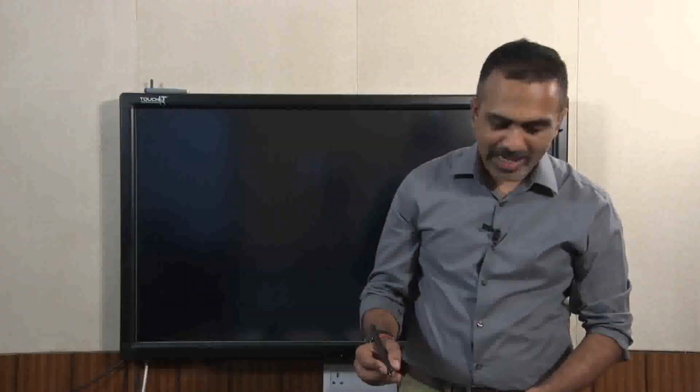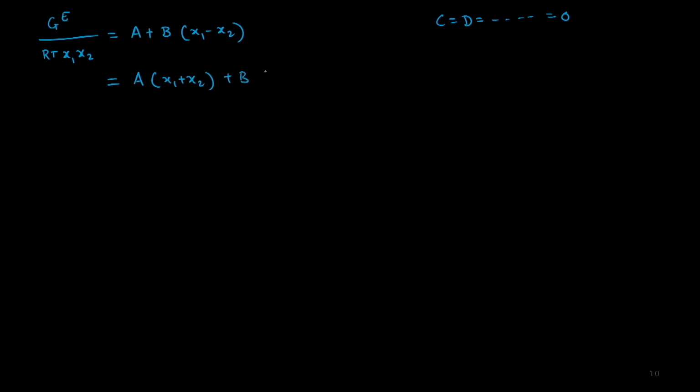Now let's look at a model which is slightly more complicated than this, and we call this the Margules equation. What we'll do is take the Redlich-Kister expansion up to two terms, A plus B (x1 minus x2), and drop all the other terms from C onwards in the infinite series. If that happens, we'll readjust this a little bit. This will be A (x1 plus x2) plus B (x1 minus x2). x1 plus x2 anyway is 1, so it doesn't matter.